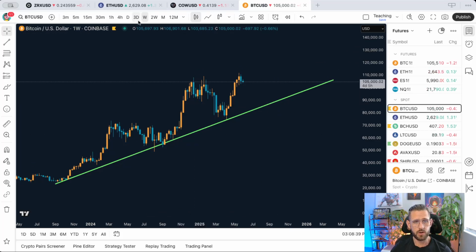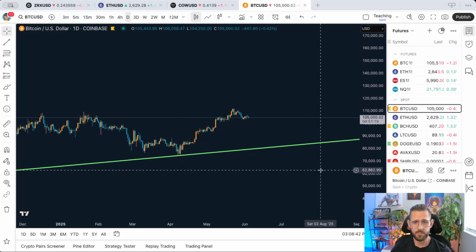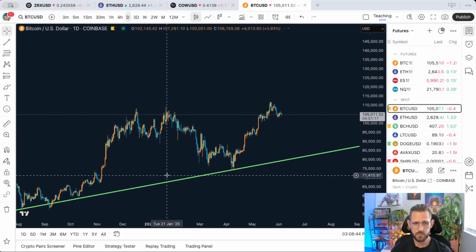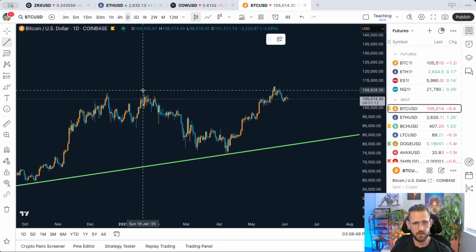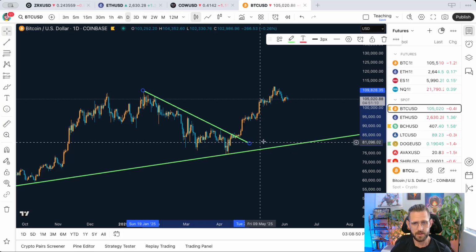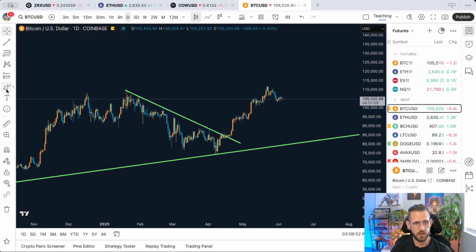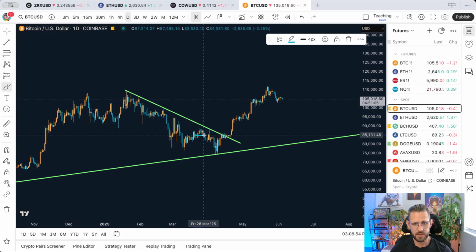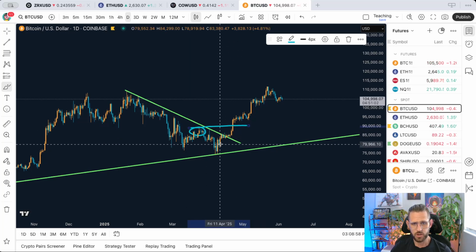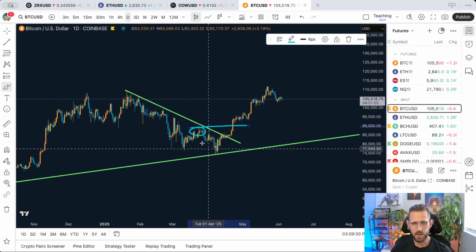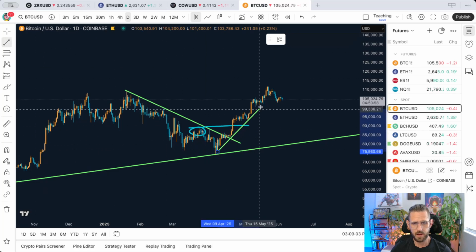Okay? You can also see trends on smaller time frames. It's all the same thing. So we can see here our downtrend on a smaller time frame, on the daily time frame. This was that last low. Okay. Bitcoin came up and smashed through that low, and now it is in an uptrend.